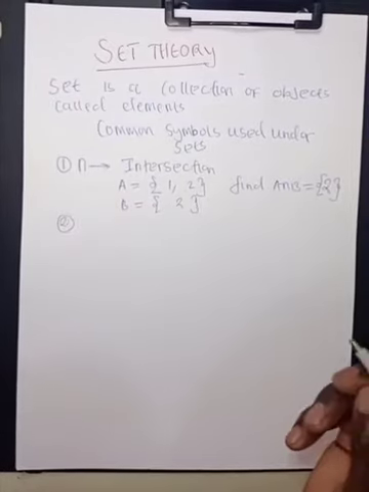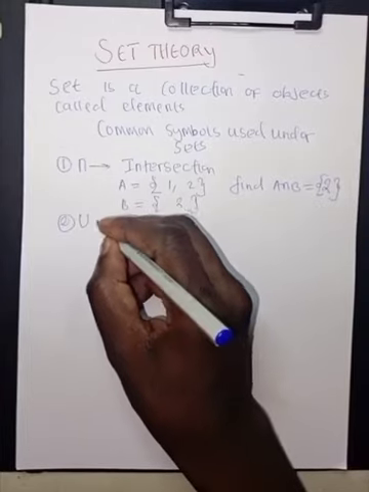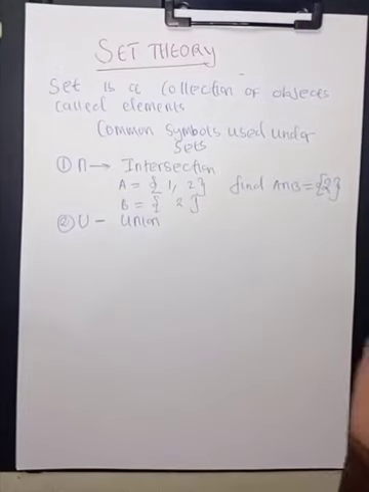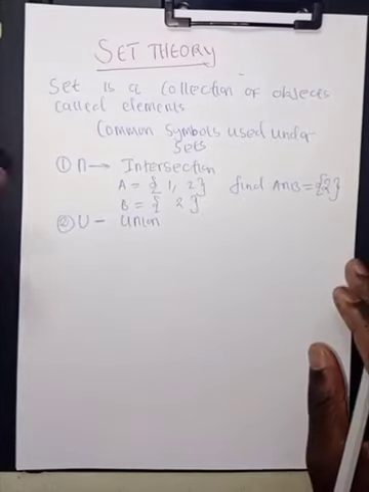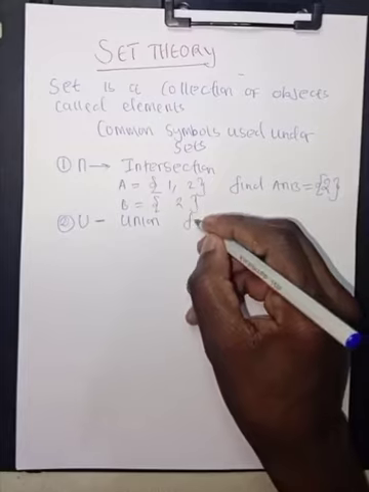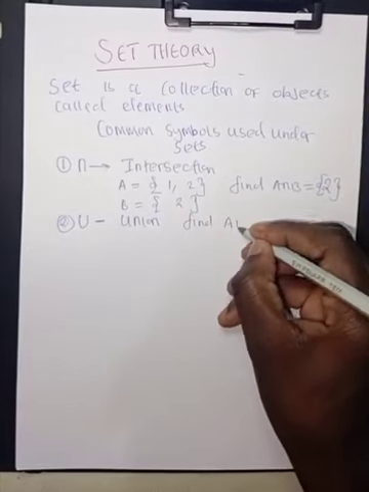The second symbol will be this one here. This is called the union symbol. Union is basically putting together two sets. For example, with the same sets, if I say, can you find A union B?